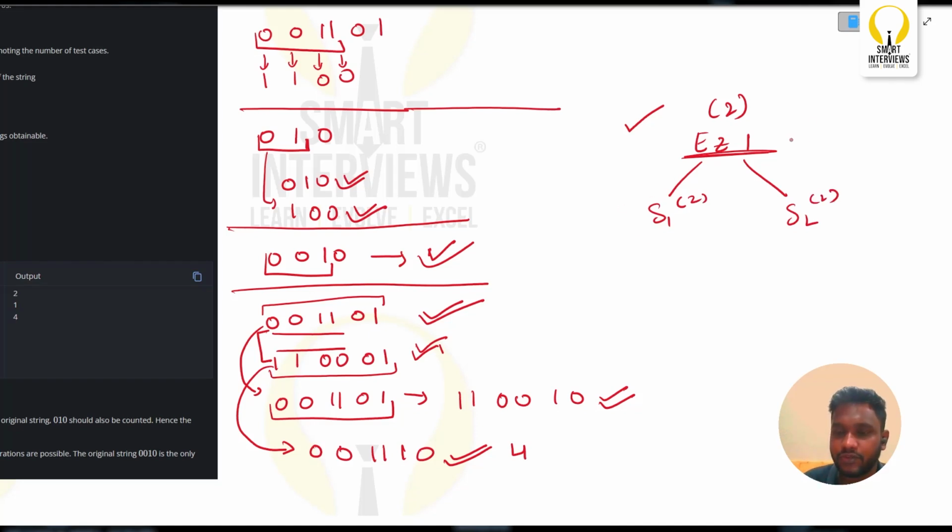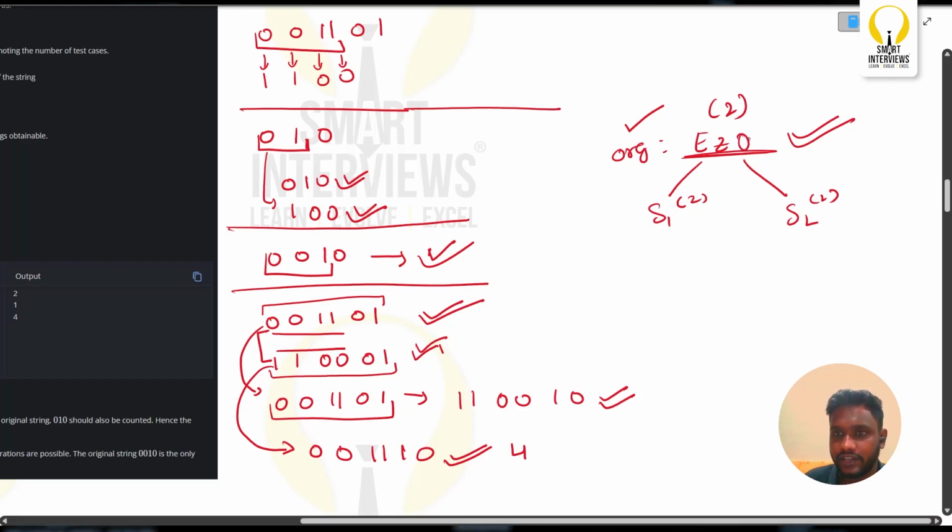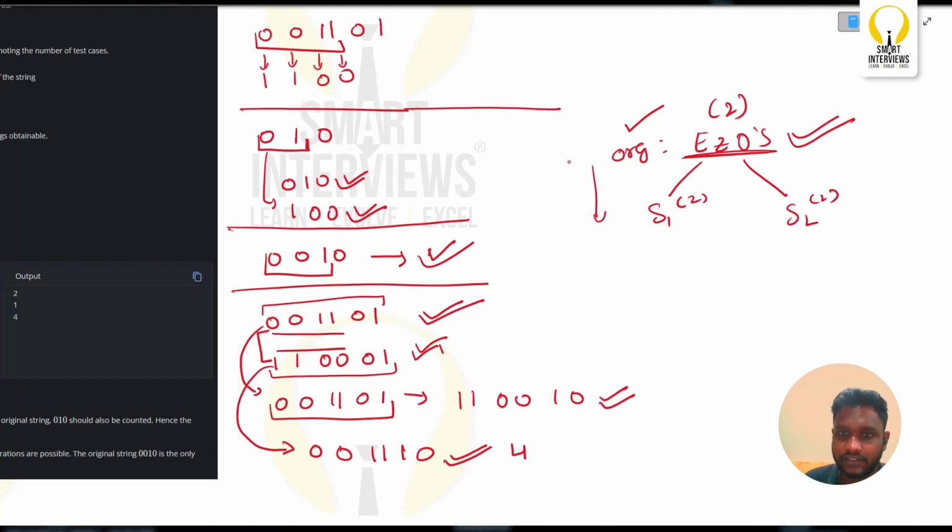This was our original string, and from that at one point I saw that there are equal zeros and ones, so I made two possible strings. Now I'll continue. The length is increasing like this: 2, 4, 6, and 8. Now again at one point, let's say 4, I got equal zeros and ones.